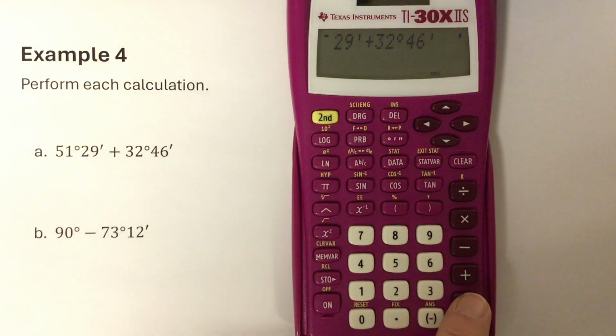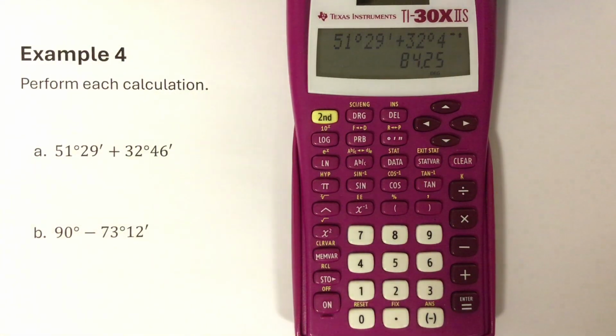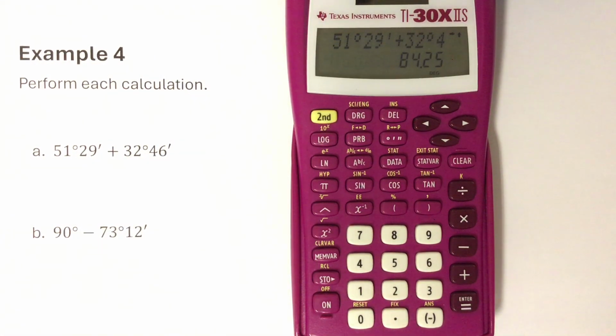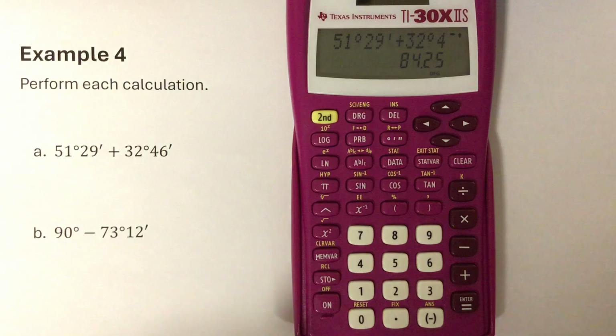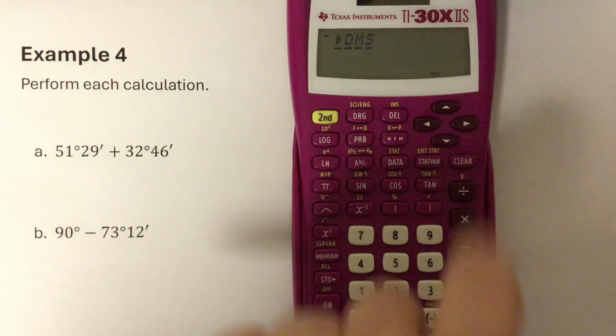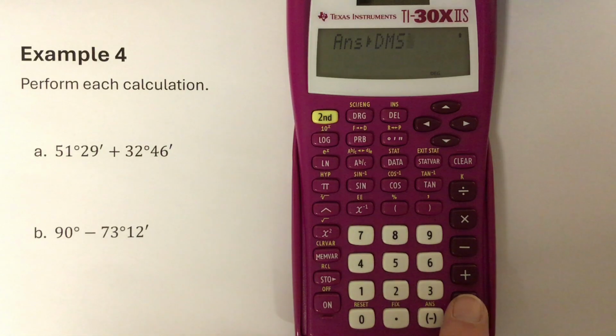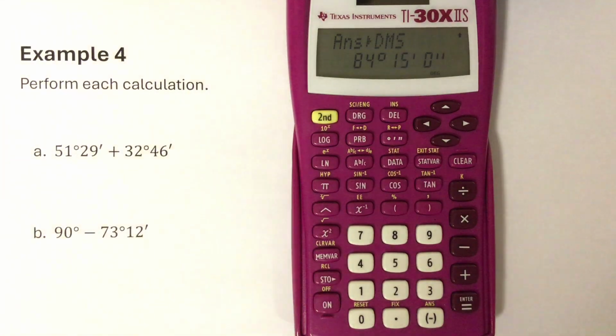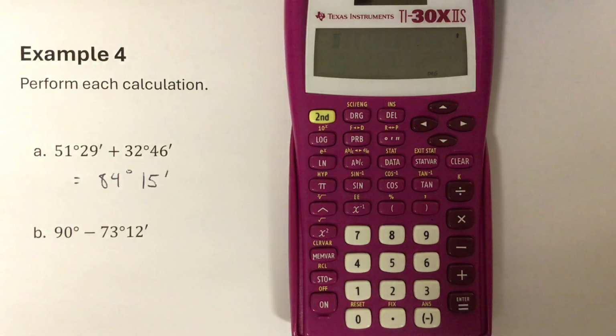And you'll notice when we press equal, the calculator returns the answer in decimal degrees. But if you really need the answer in DMS form, you know how to convert to DMS form. So you're going to hit the DMS button, scroll left to access that second screen, and then hit equal to get the command, and then hit equal one more time to run the command. And the same thing for part B.